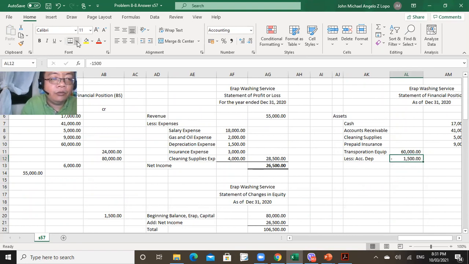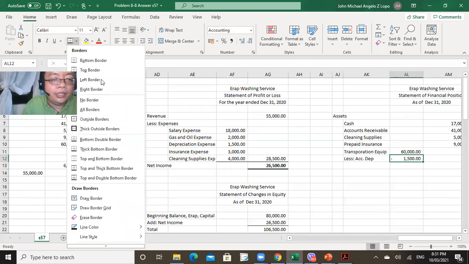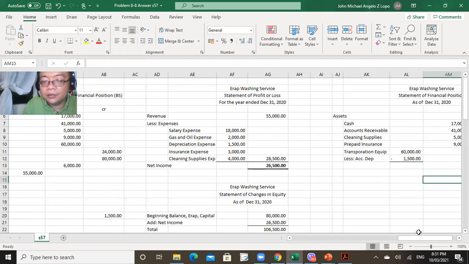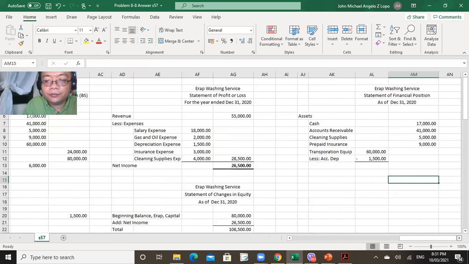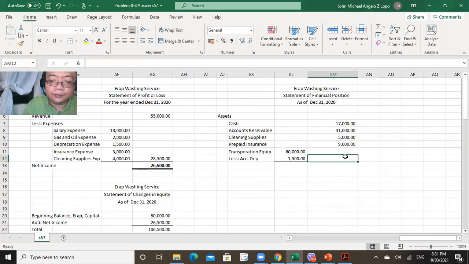All right. How much now would be your balance? Not anymore 60,000. As you notice now, the balance of your transport equipment is 58,500.